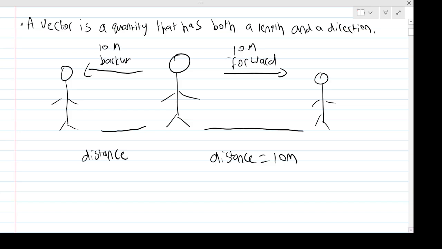So how do we encapsulate this notion of a direction? The distance is the same, but in one case they went forward and in the other they went backwards. This is where vectors come in, which specify, as well as a length or size, in this case the distance of 10, also a direction.